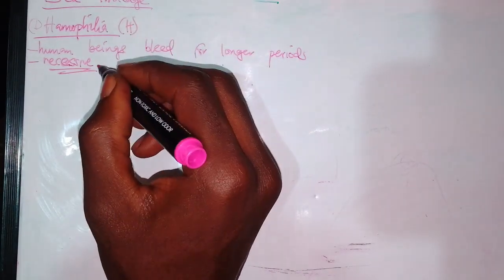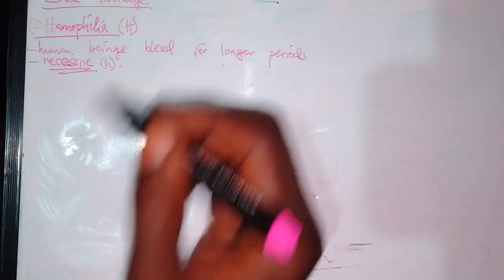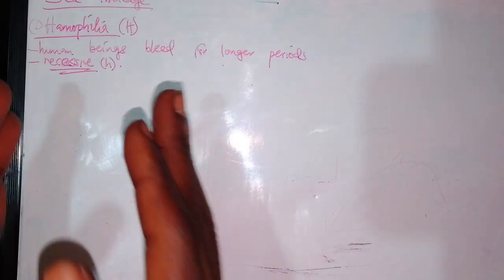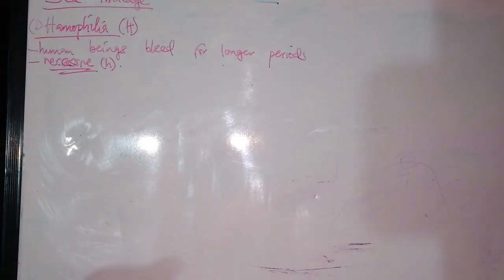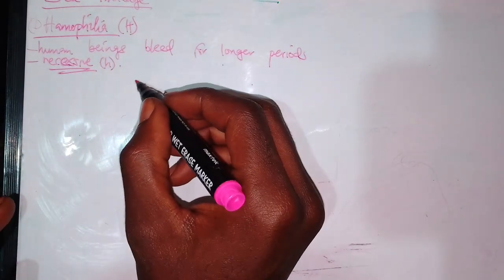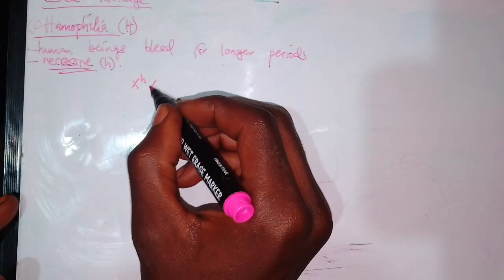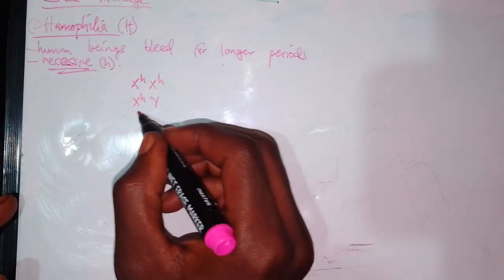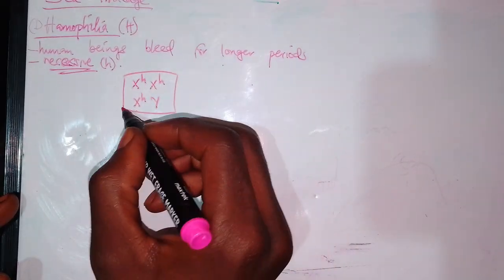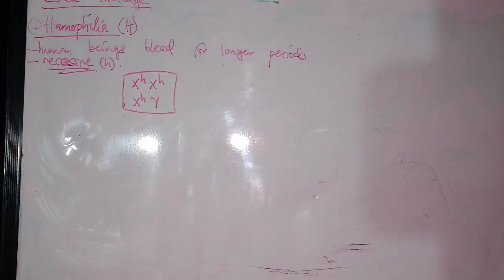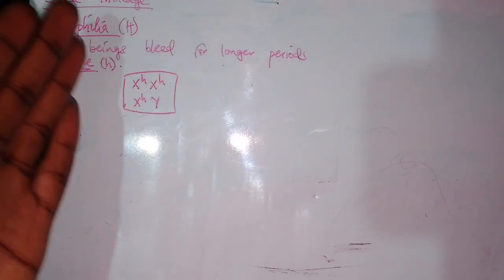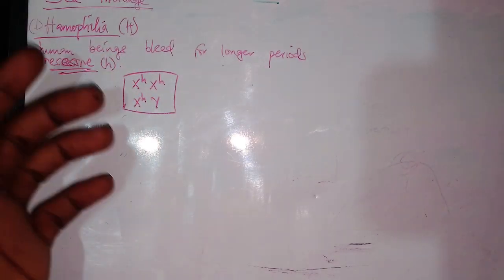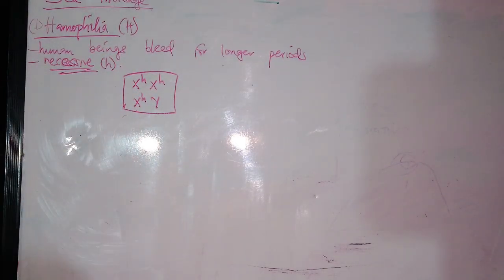It means that for someone to have this disease, they should have two recessive alleles like these. Whenever you see these two alleles, this represents someone having hemophilia, because it is recessive.